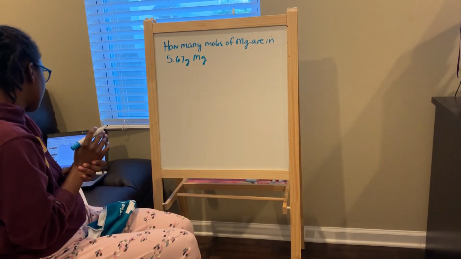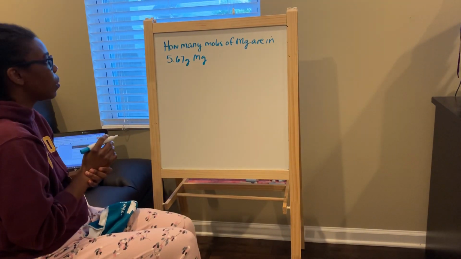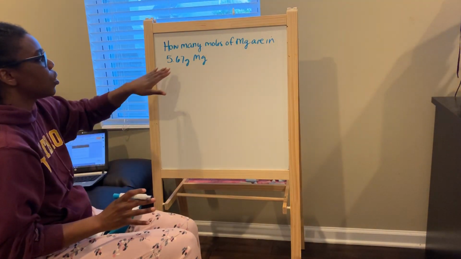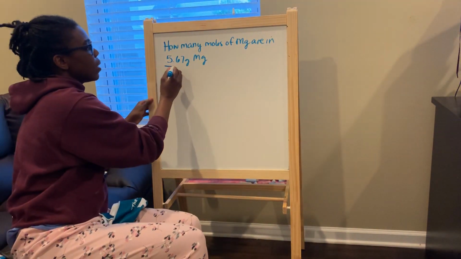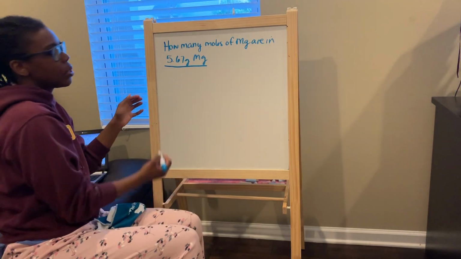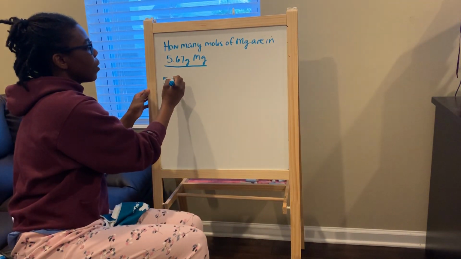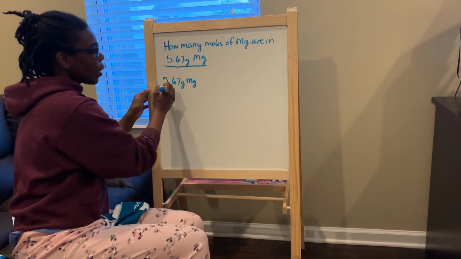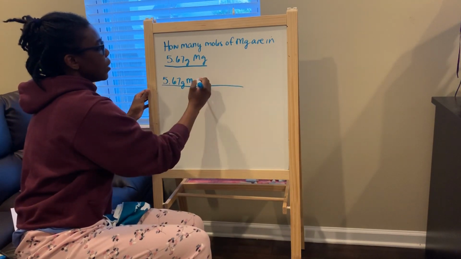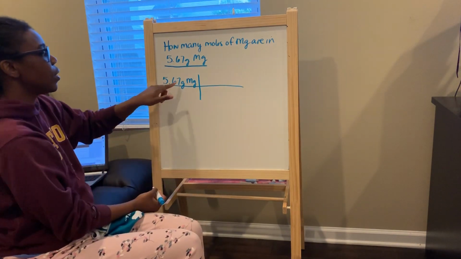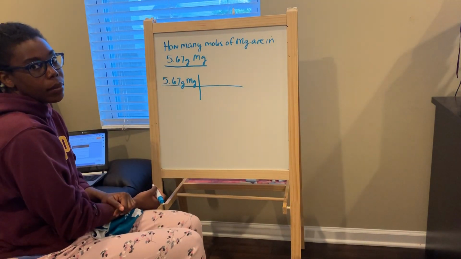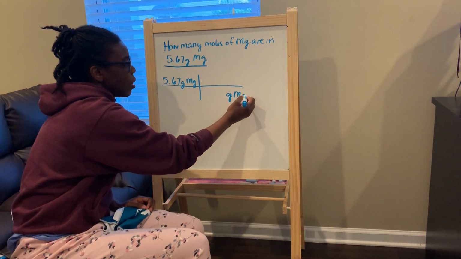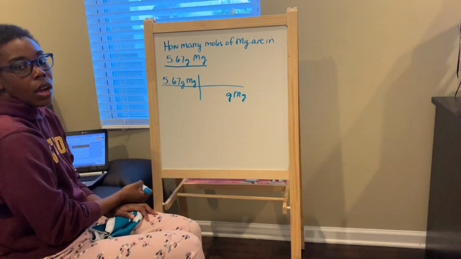We're looking for what we are given, which is 5.67 grams of magnesium. So that's what we're starting with. And we're going to make our T-chart. Since we know we have grams of magnesium on the top, we are forced to have grams of magnesium on the bottom when we solve our problem.